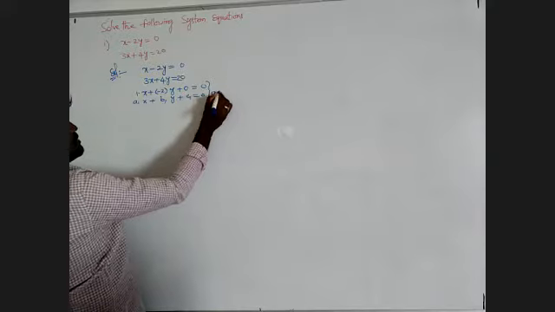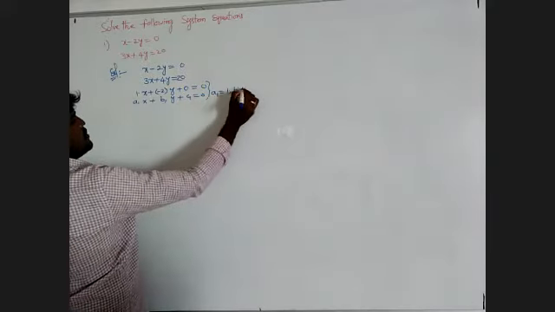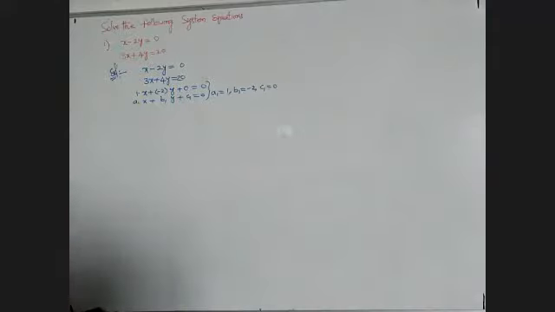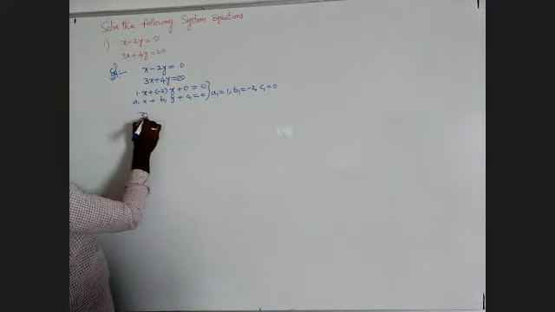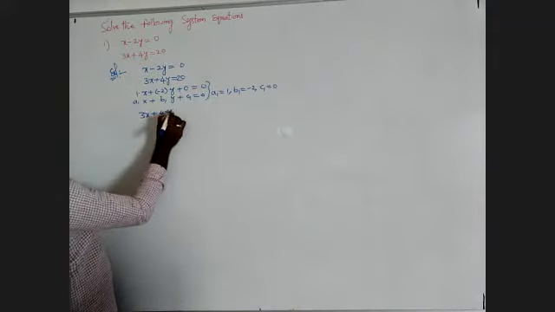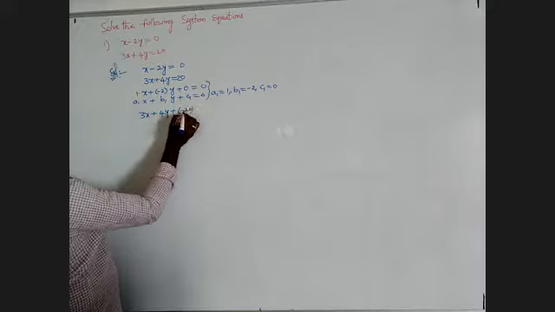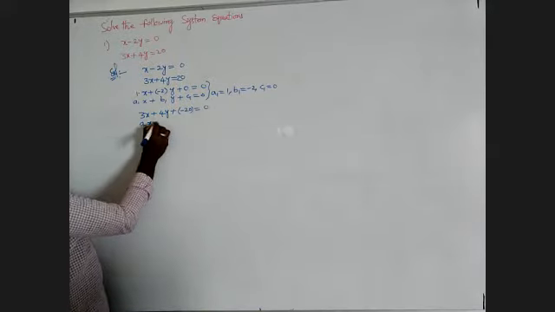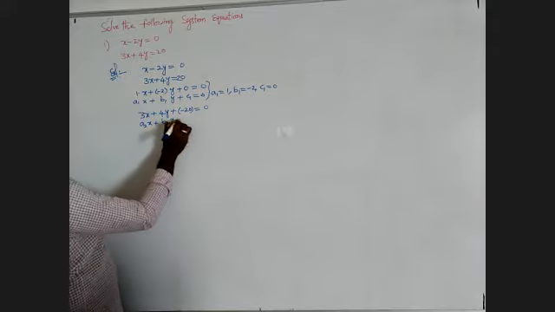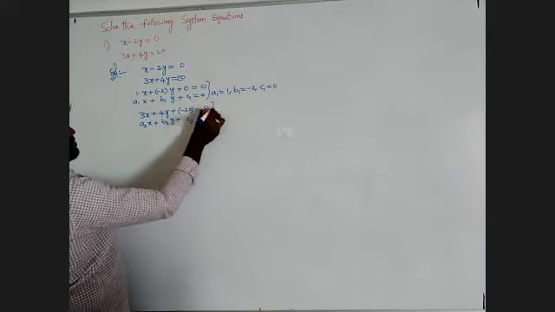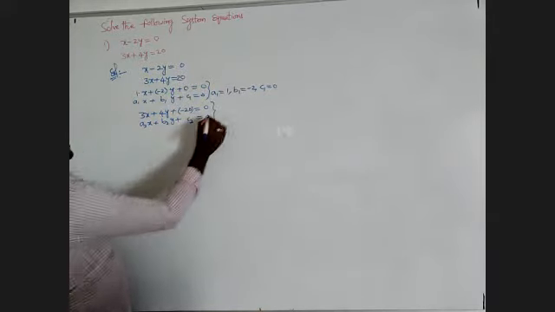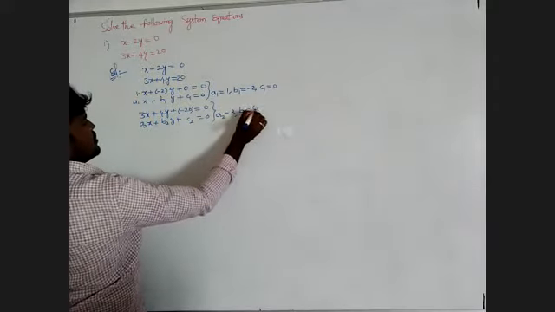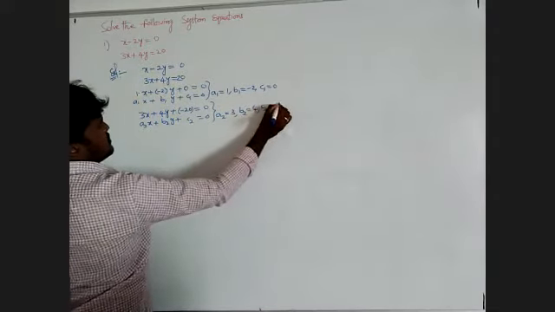There a1 is 1, b1 is minus 2, c1 is 0. Also 3x plus 4y plus minus 20 is equal to 0, compared with a2x plus b2y plus c2 is equal to 0, where a2 is 3, b2 is 4, c2 is minus 20.